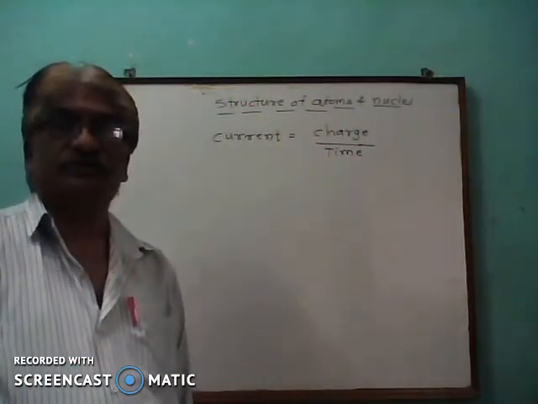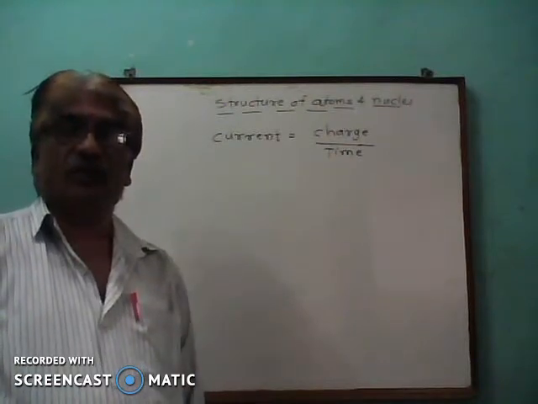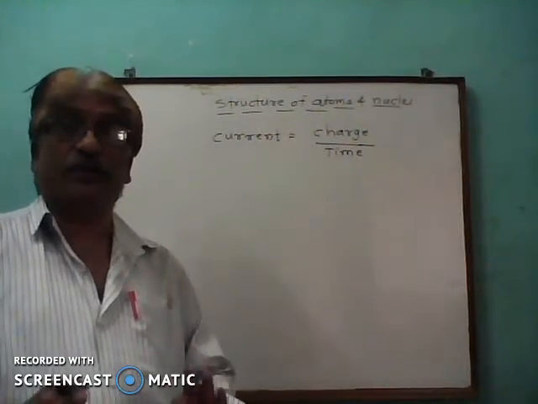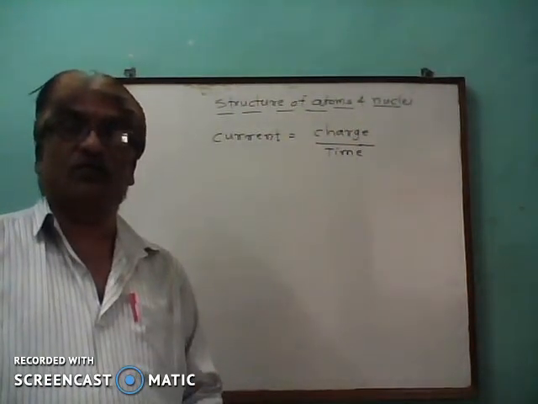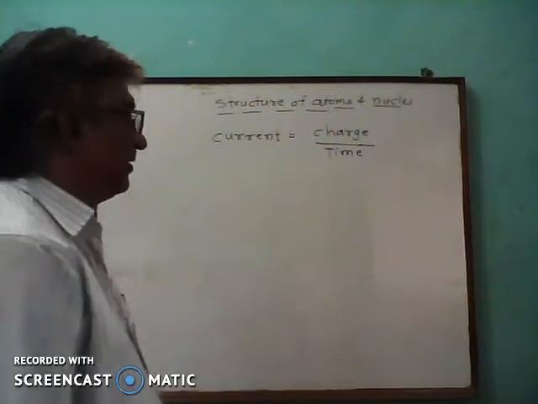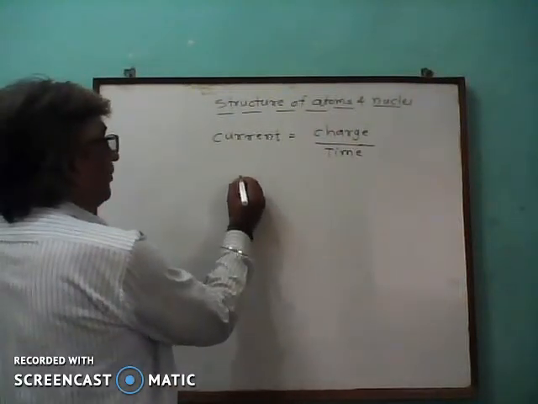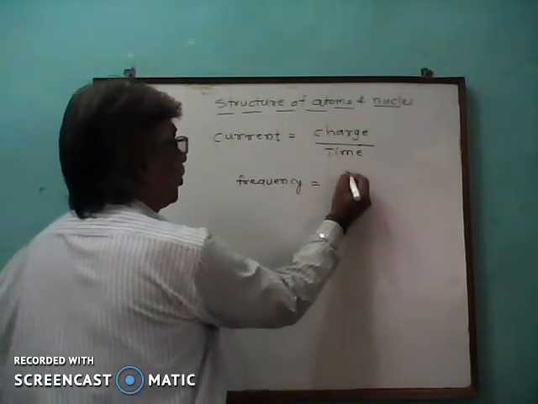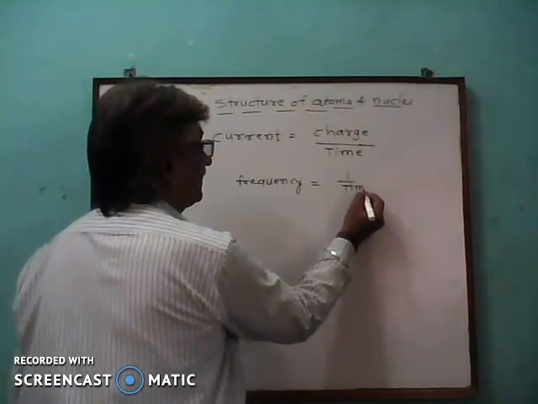If we know the formula for time period, then we can substitute. If we don't know it, then we know that frequency is equal to 1 upon time.